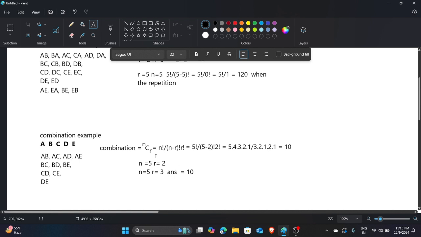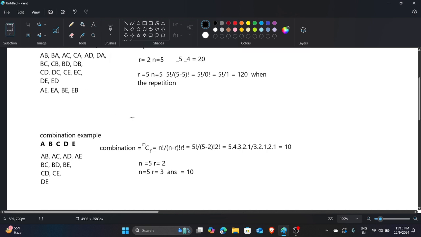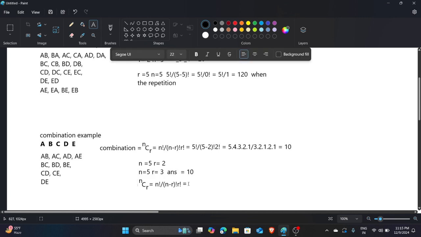I will try to explain this again. Continuing from here, the situation is 5 factorial divided by (5 minus 3) factorial and 3 factorial.